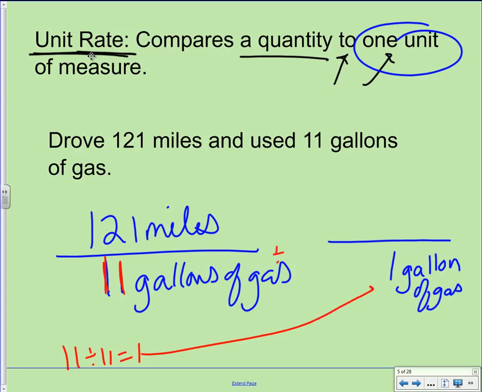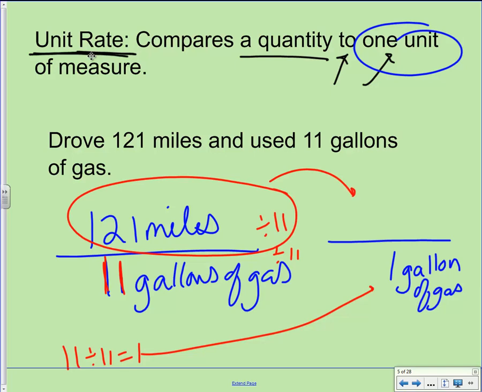So if I divide the bottom by 11, I also have to divide the top by 11. Now, sometimes when you have unit rate, it's possible that the division problem you do on the top is not going to give you a whole number, and it's okay. But for this one, when we type in our calculator 121 divided by 11, we end up with a final answer of 11 miles.